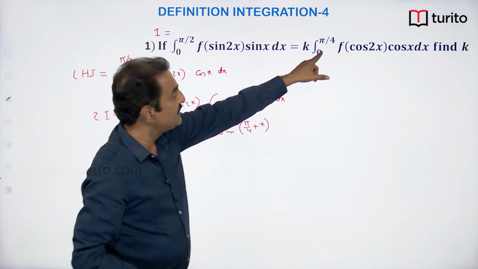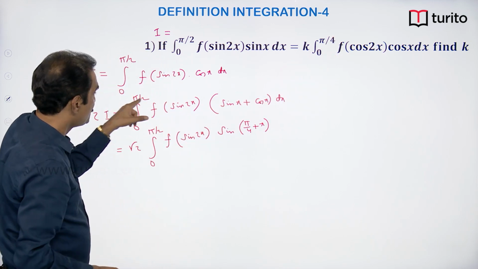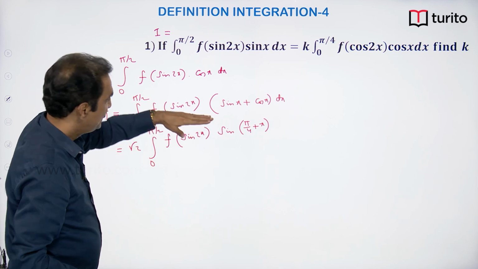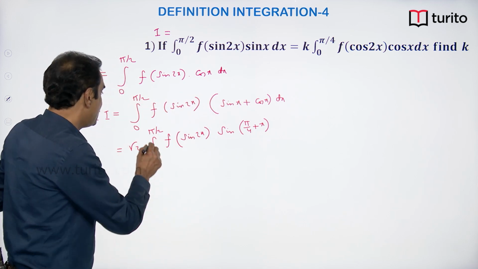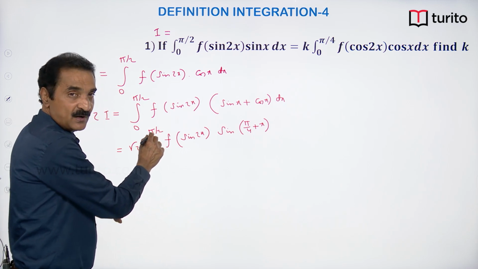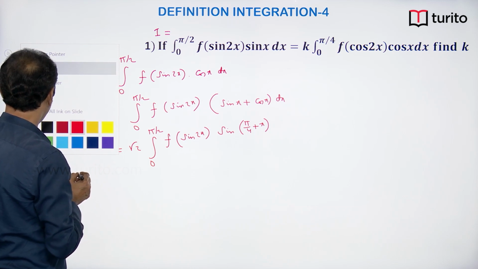Let us see the limits. We want the limits 0 to pi by 4, no? If you substitute pi by 2 minus x, this function remains same. So, we can apply that property. Which property? Divide the upper limit by 2 and multiply the integral by 2. So, that also I will do simultaneously.